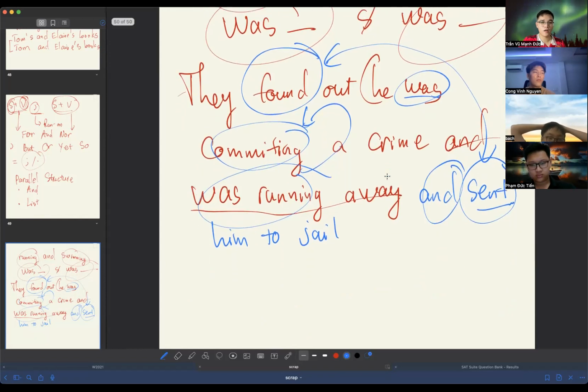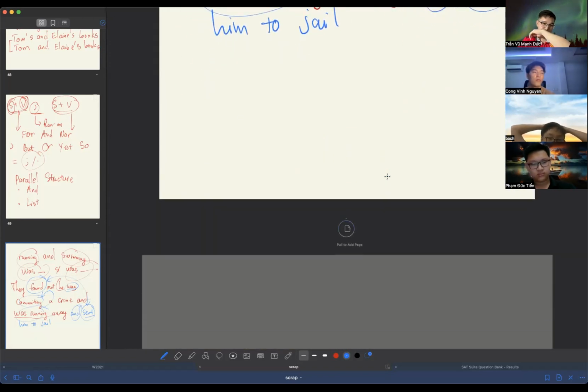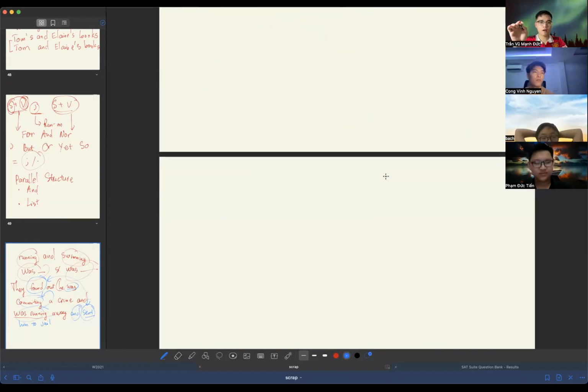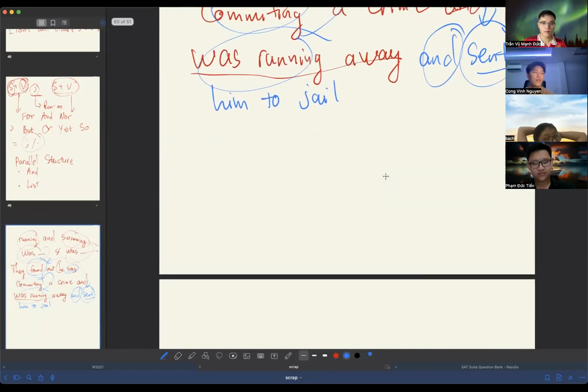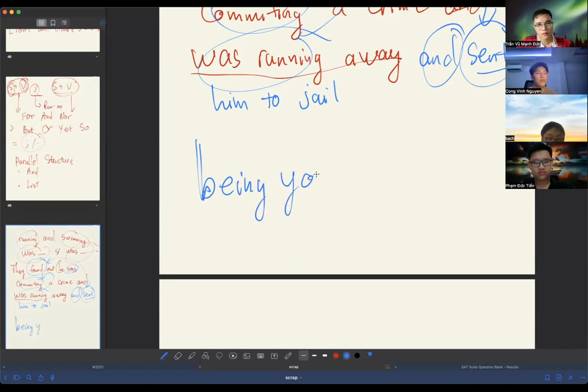Next up will be modifier. A modifier is basically a clause, a dependent clause that supports a noun or a subject. Here you can see that if I say "Being young, he ran for president."